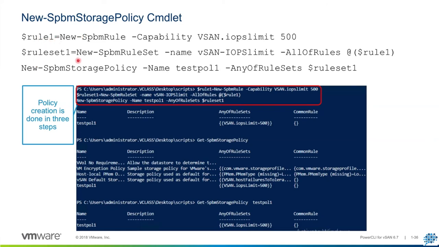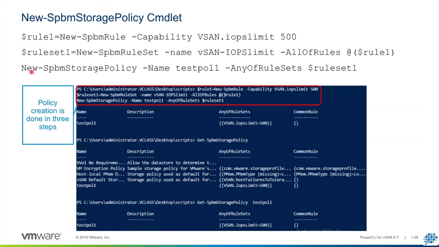In the second step, I am using the commandlet called New-SpbmRuleSet. When I am using the command New-SpbmRuleSet, I am attaching the rule which I created in the first line. If you see the end of this particular command, you will see that I am attaching the rule which was created by the first commandlet. And finally, there is the third commandlet which ties all this together into one storage policy.